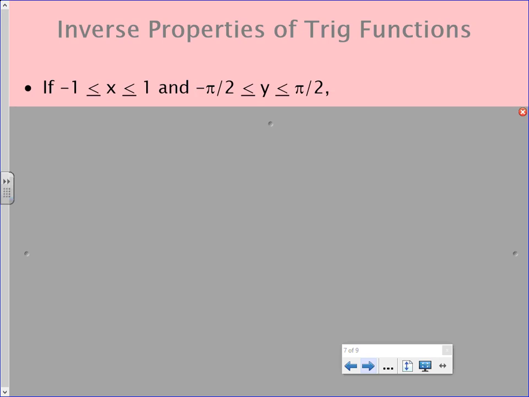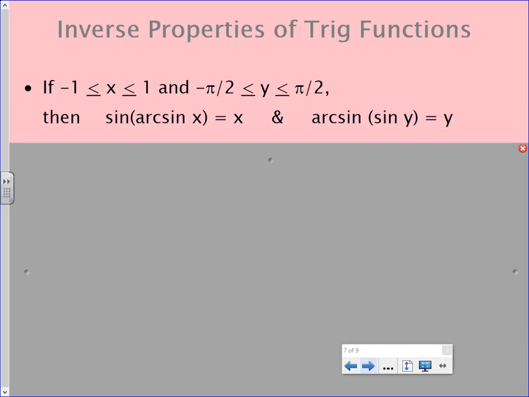So, if x is between negative 1 and 1, and y is between negative pi over 2 and pi over 2, that looks like the domain and range of inverse sine. So if x fits in the domain, y fits in the range, then our sine and inverse sine functions can undo each other.